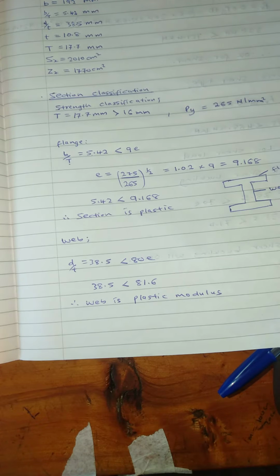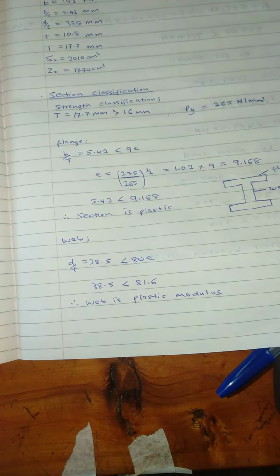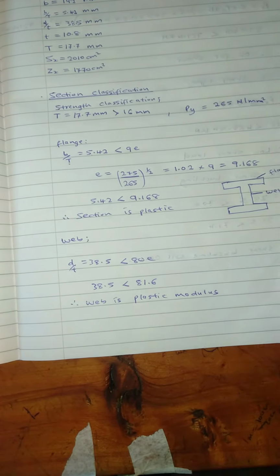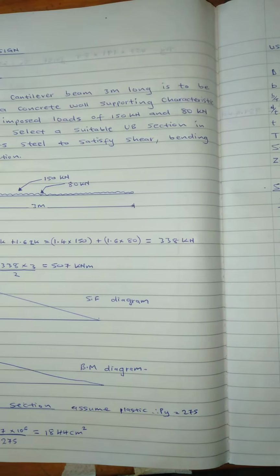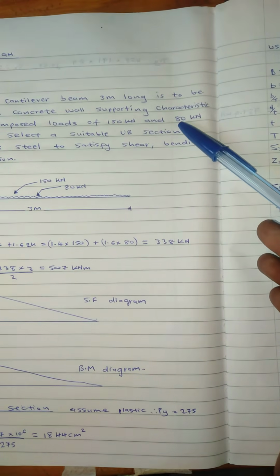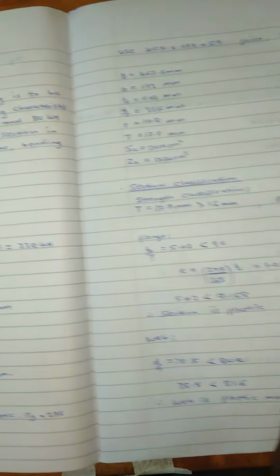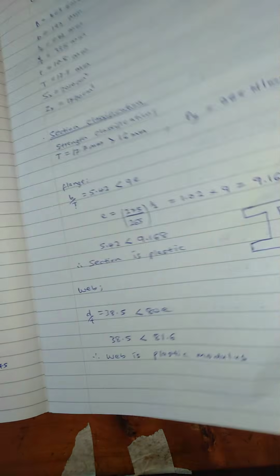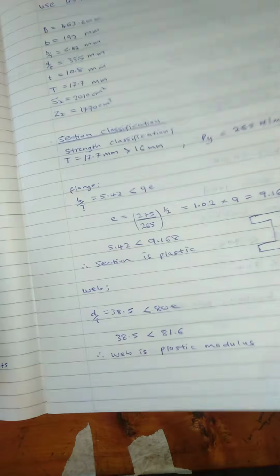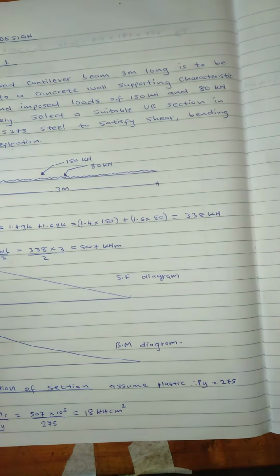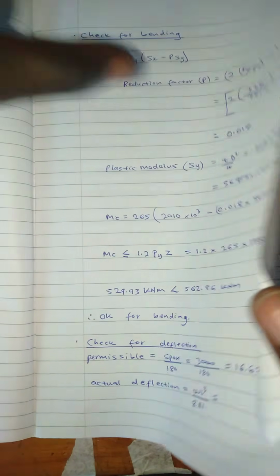Let's use the imposed loads. For deflection, the imposed are 80 kilonewtons. No, we'll use the factored load, all of it, 338 kilonewtons, to check for deflection.